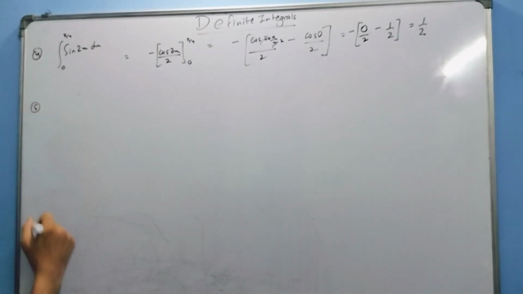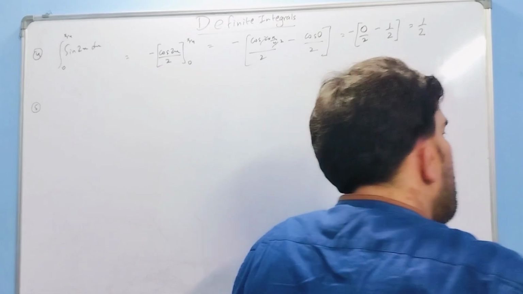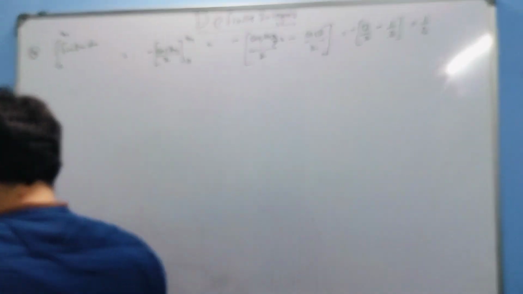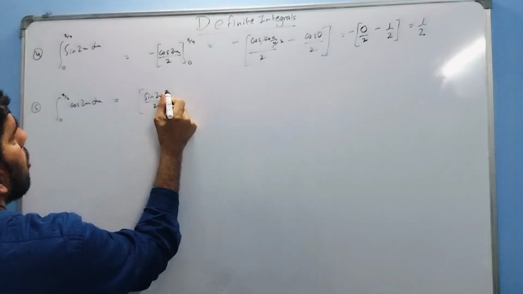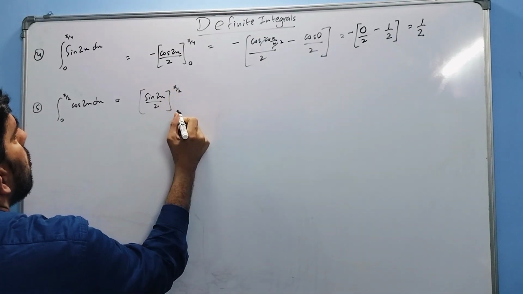Now let us try to solve the fifth numerical. We have just tried to solve only 4. Now let us move to the fifth one. Now they are saying integral from 0 to pi by 2 of cos 2x dx. Now let us try to solve this. First we'll integrate. We got sin 2x by 2. Here I got the limits pi by 2 and 0.